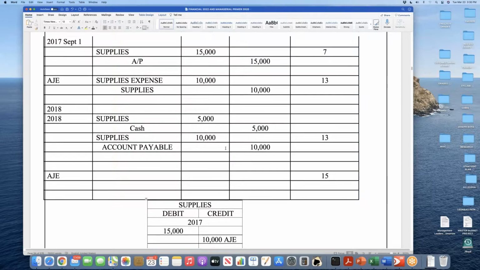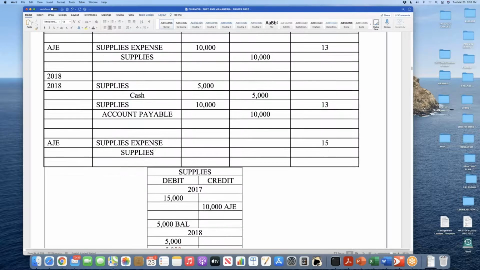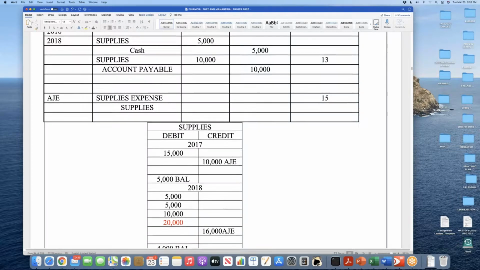And so we come up here, debit supplies expense, and credit supplies, for the 16,000.